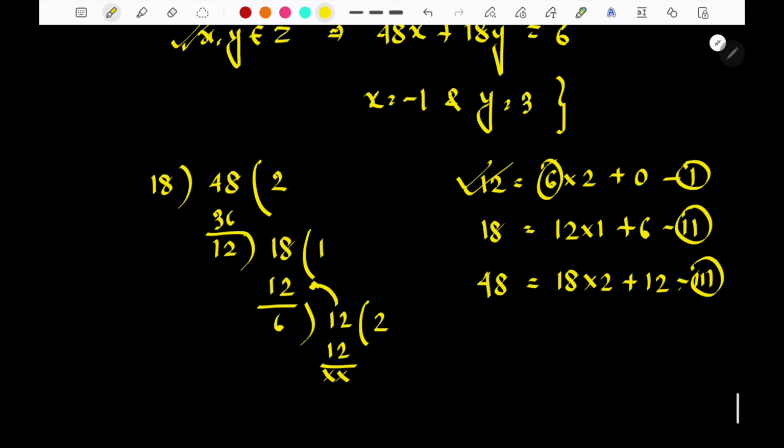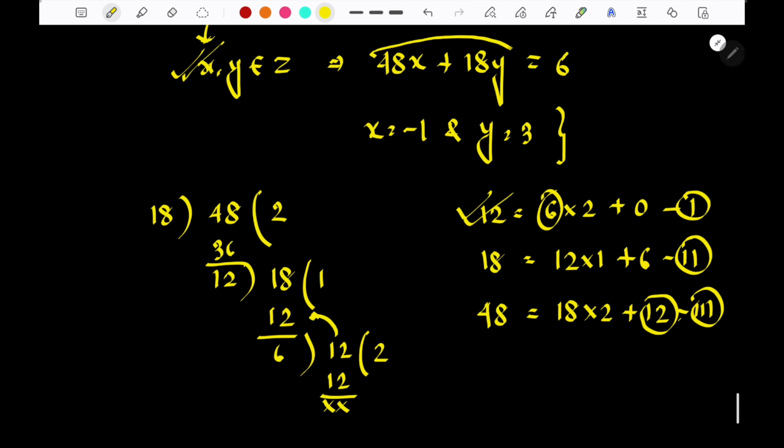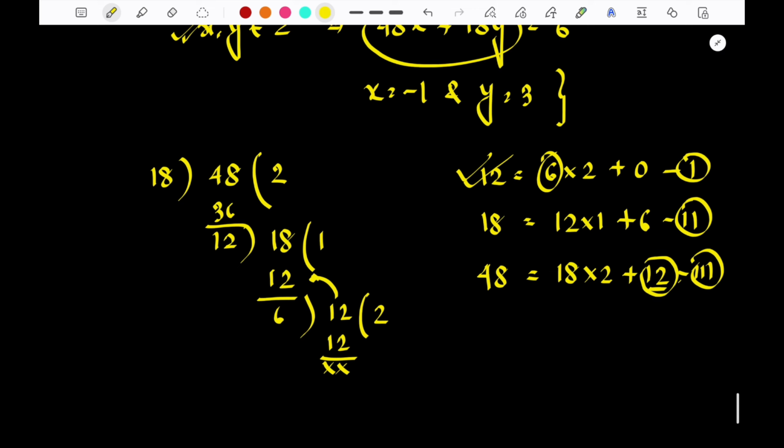So can we replace this 12 somehow? Why? What do we need? We need 48 and 18 only. We don't need 12. So how can 12 be replaced? 12 can be replaced by 18 minus 6. So 48 is equal to 18 into 2 plus 18 into 1 minus 6.